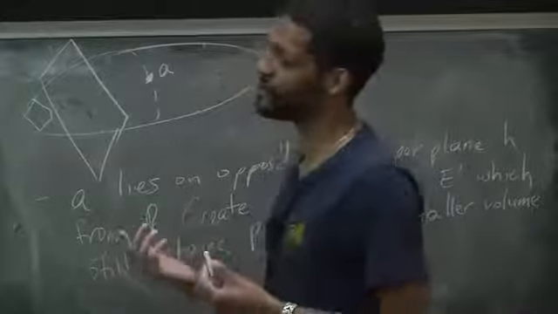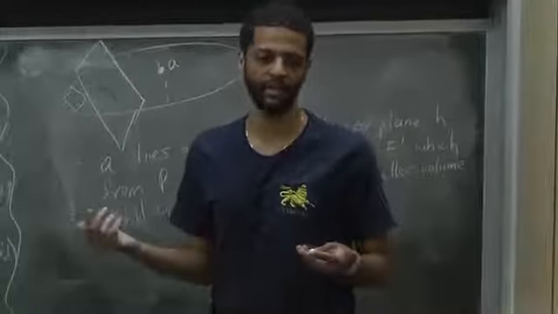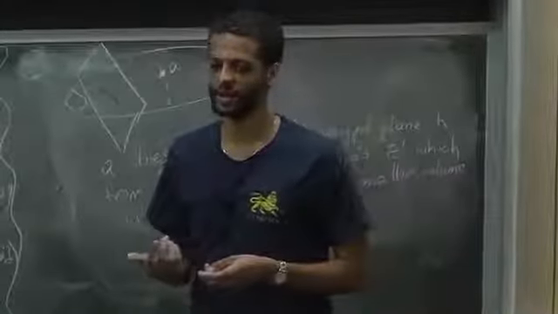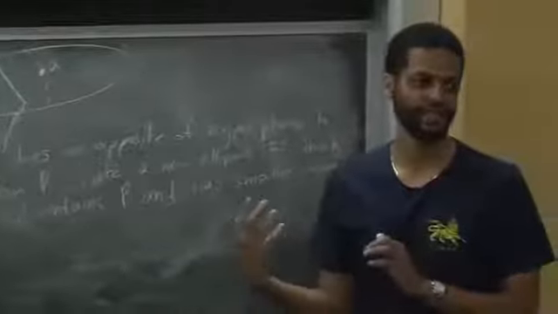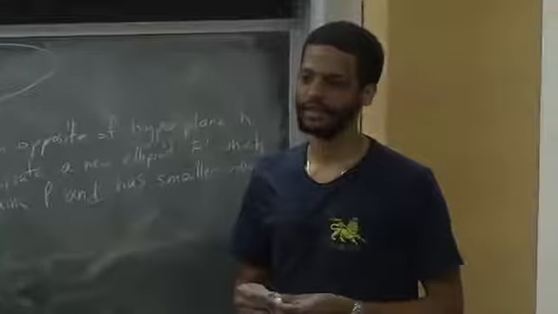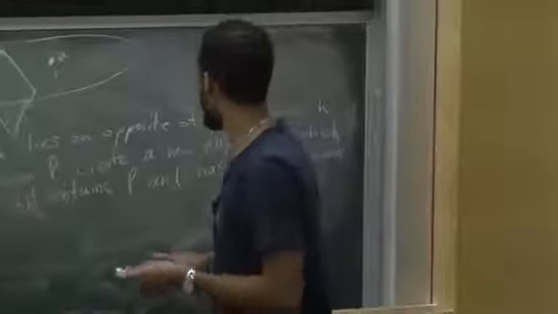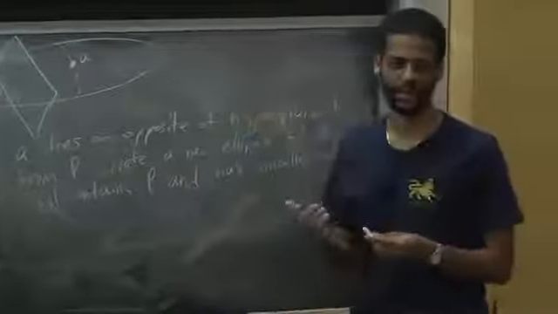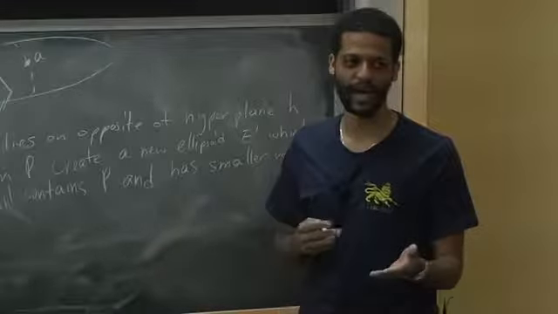In fact, because of this, you can use the ellipsoid algorithm for an even more general class of problems, convex programming, where the feasible region is not necessarily a polytope, but say a convex set. And there's a theorem, I think sometimes it's called the separating hyperplane theorem, and sometimes it's called the Hahn-Banach theorem. I think it depends on who you ask.